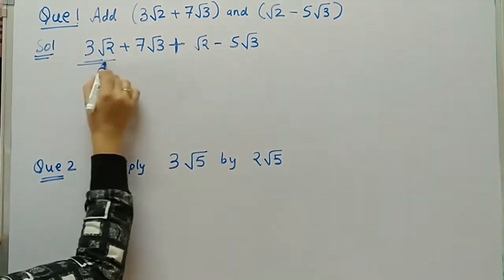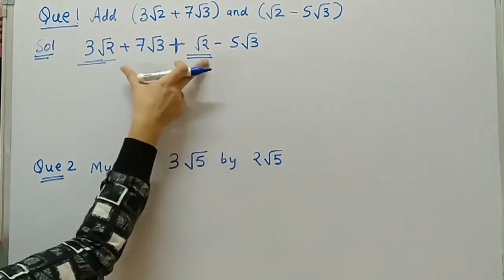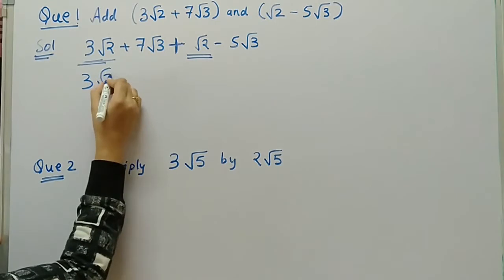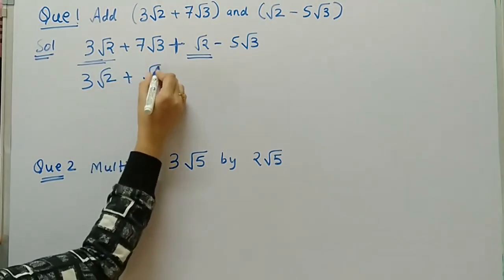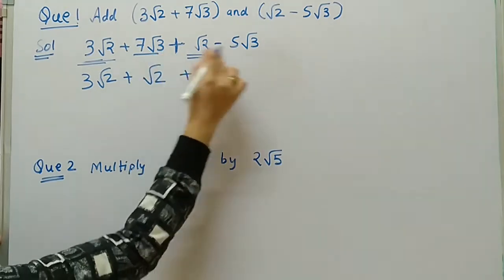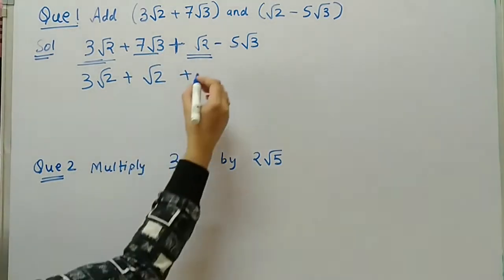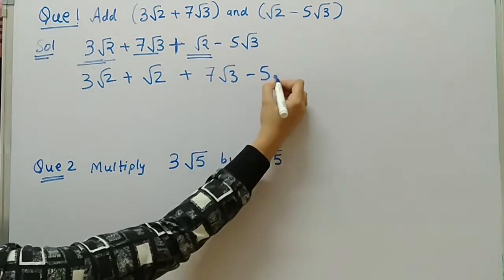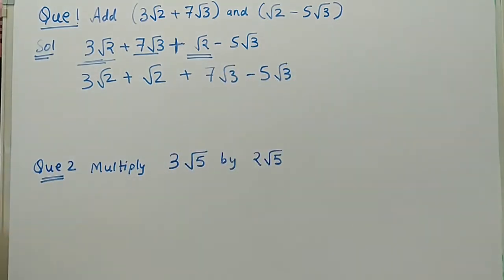So first of all we will arrange the terms which contains root 2. So this will become 3 root 2 plus root 2. And now we will write the remaining terms which contains root 3. So it will become 7 root 3 minus 5 root 3.